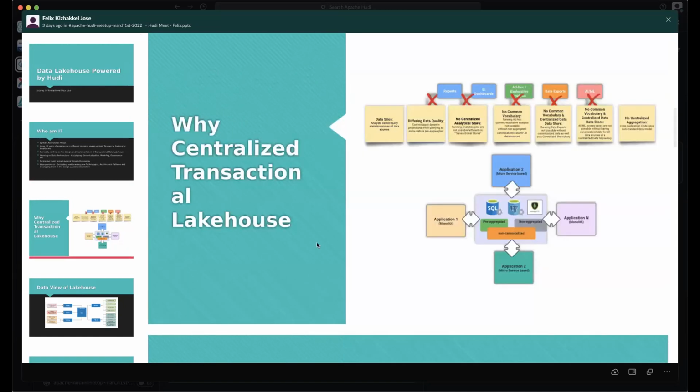So why do we need a transactional lakehouse? At Philips and any such big company, we have different business units and different large scale applications, and we have data silos. The applications store data in their own transactional stores, their own choices like SQL, Postgres, MySQL, or MongoDB. And also in different formats: pre-aggregated, non-aggregated, or not standardized across.